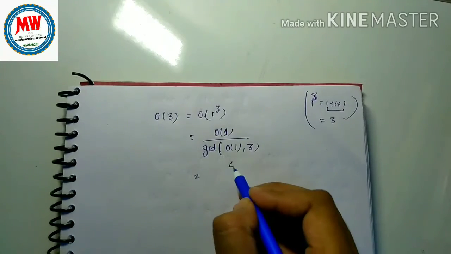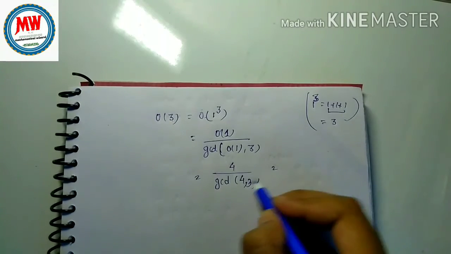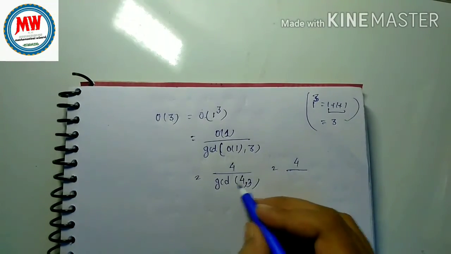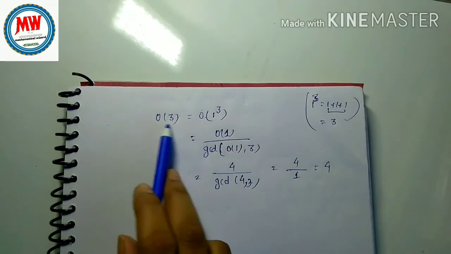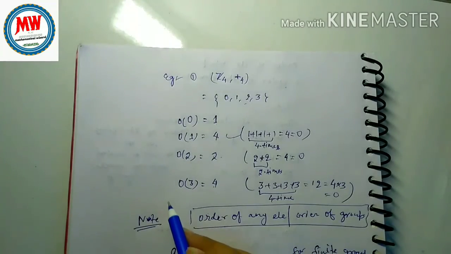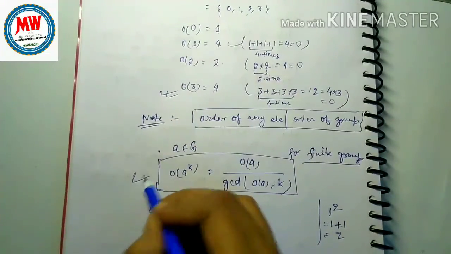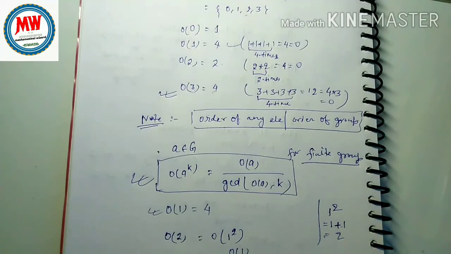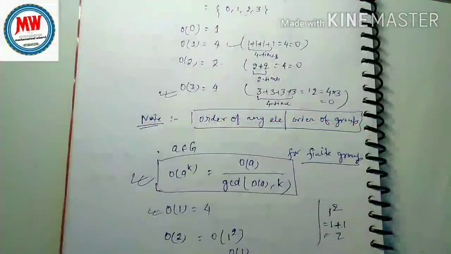We know that order of 1 is 4, and GCD of 4 and 3 is equal to 1, so it is equal to 4. So order of 3 is equal to 4. It is right. Here also order of 3 is equal to 4 in that group. So this is the formula for calculating the order of any element. This is very important and also useful. That's it for today. Thank you for watching.